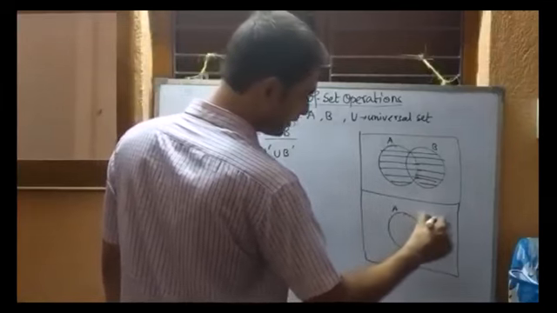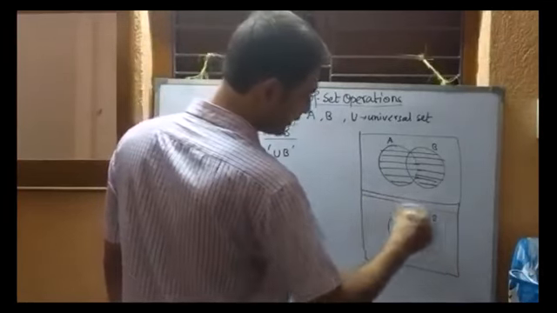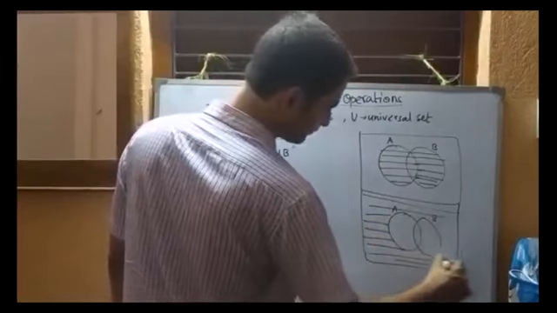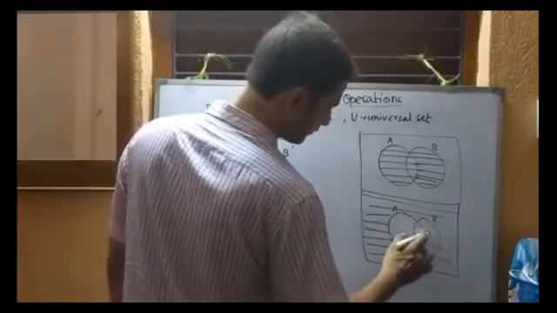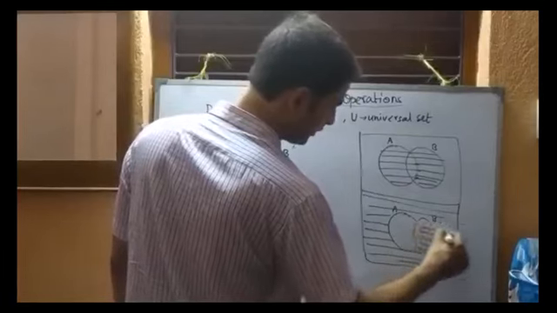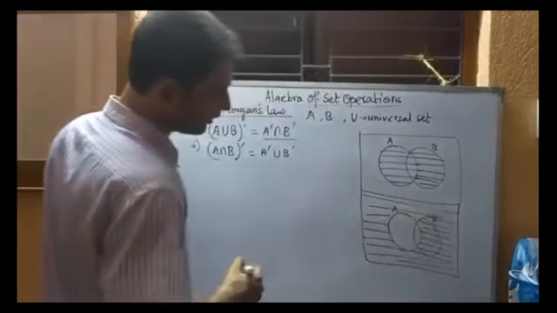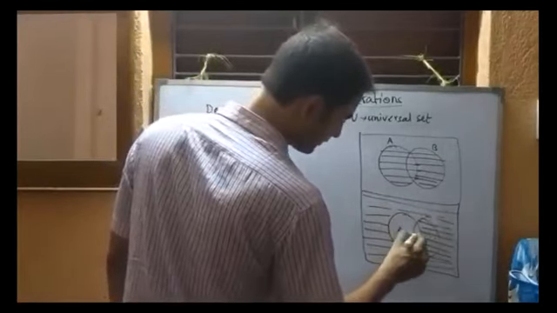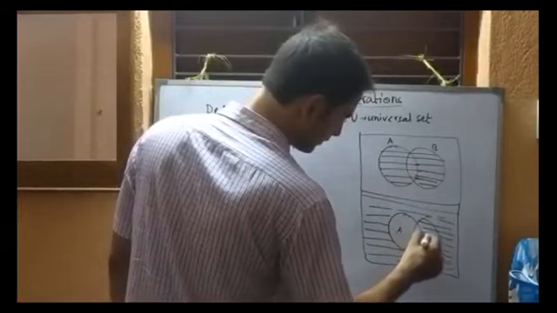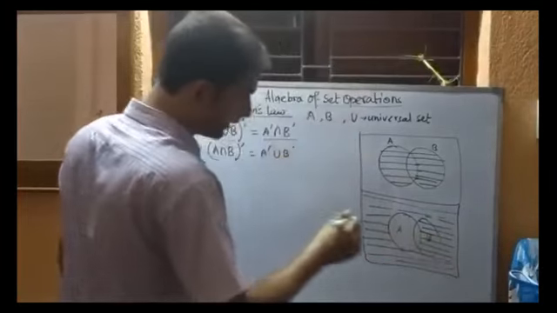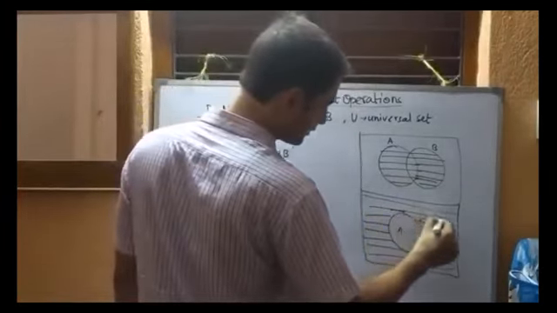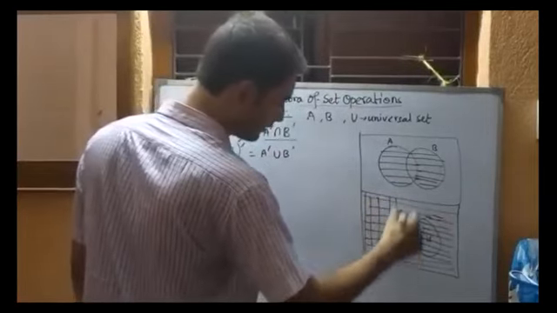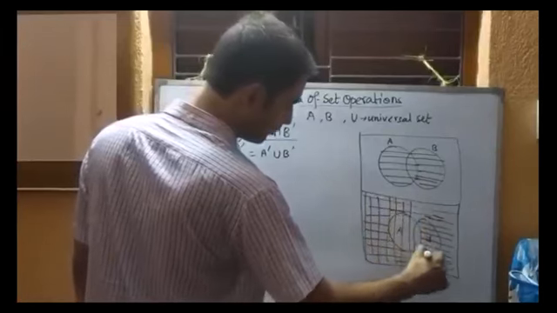So clearly A complement is this part, the outside of A. It will come inside B. Now you draw the set B complement. So B complement will look like this.